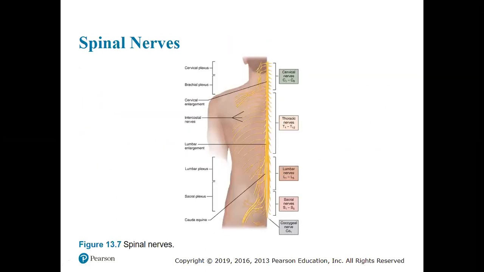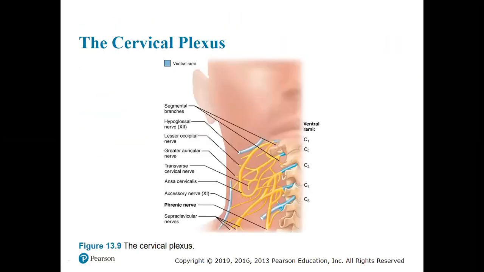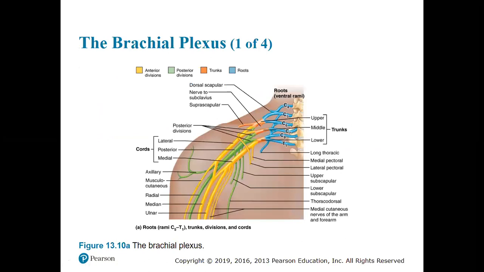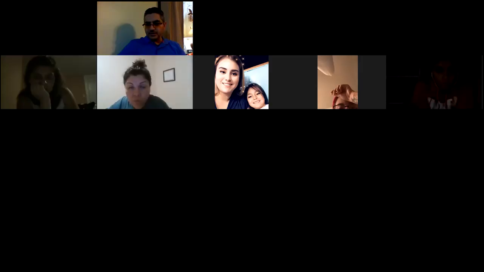You look at that and say, okay, I see my four. No, no, no, these are not your four. These are one. So you have your roots, trunks, divisions, and your cords. Make sure we know that.